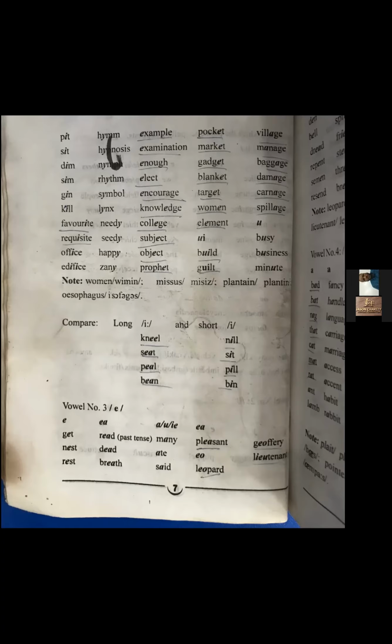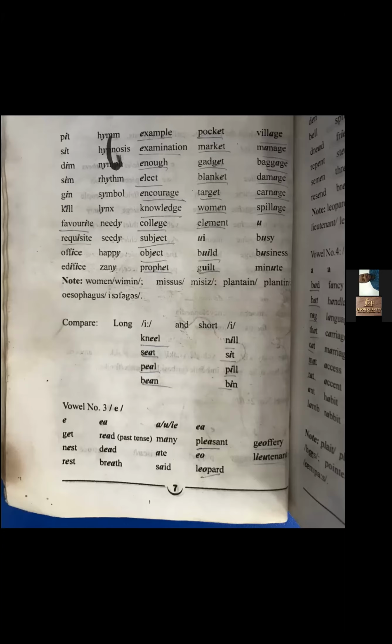Yes, that's it. So for the unlikely examples, we have it in women, and then in plantain, as you can see, and then in Mrs. It's pronounced Mrs., the word M-I-S-S-U-S.